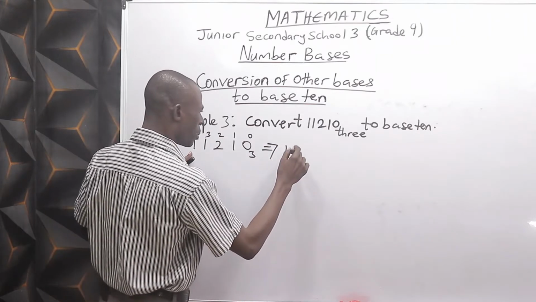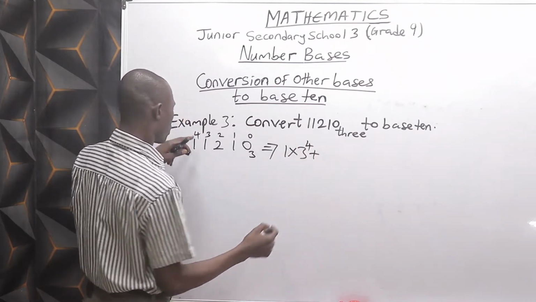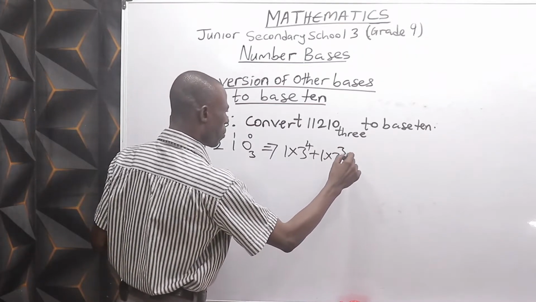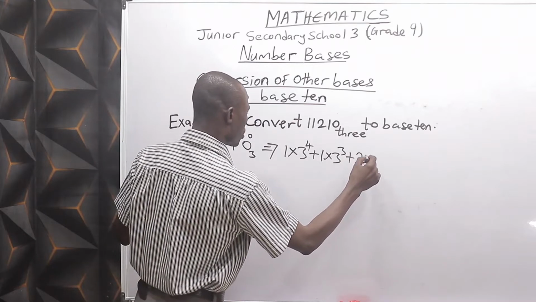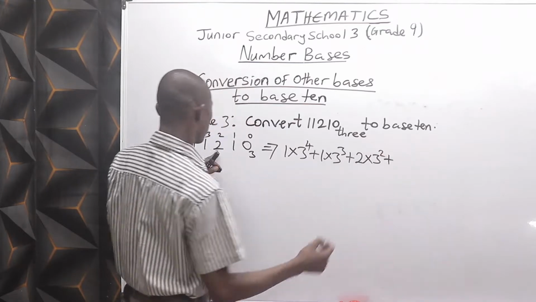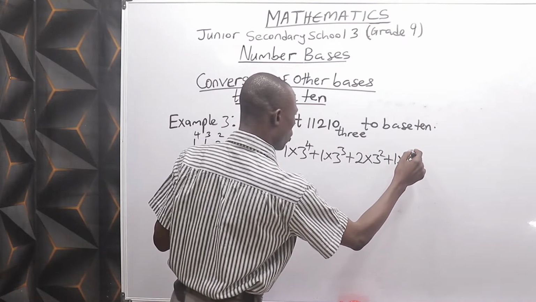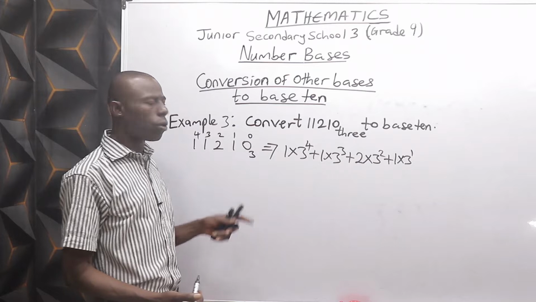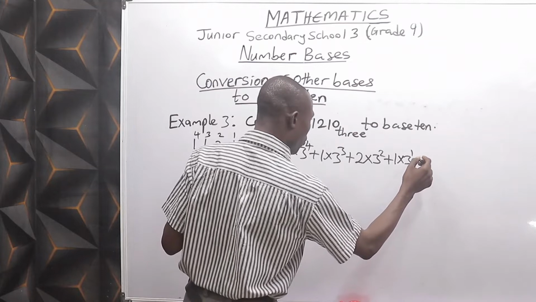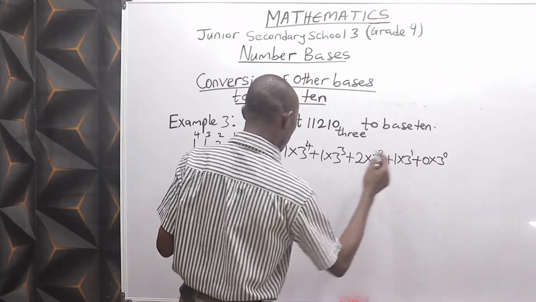So we pick 1 times the base here, 3, raised to power 4, plus 1 times 3 raised to power 3, plus 2 times 3 raised to power 2, plus 1 times 3 raised to power 1. I may decide not to go for that 0 because 0 will give me 0, but let me include it so you confirm. Plus 0 times 3 raised to power 0.